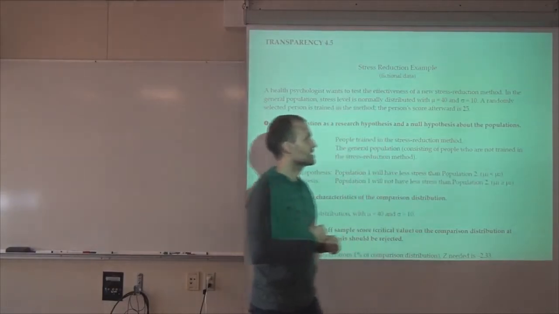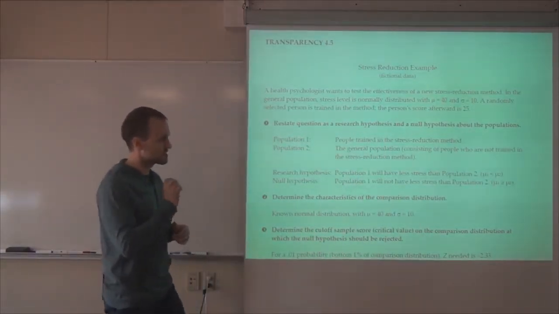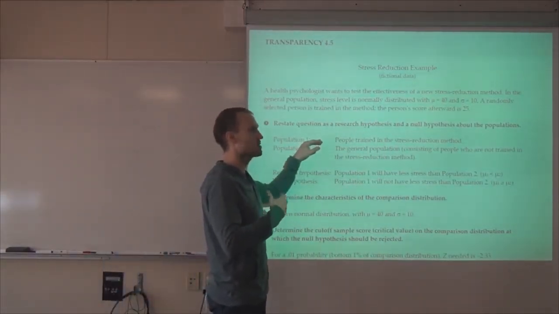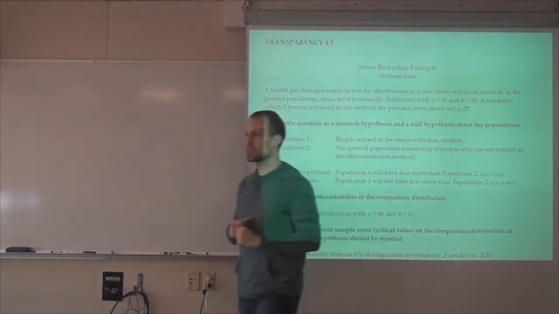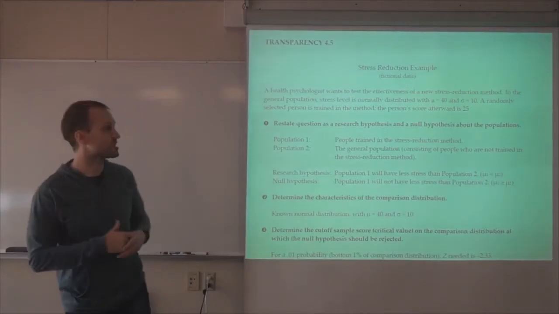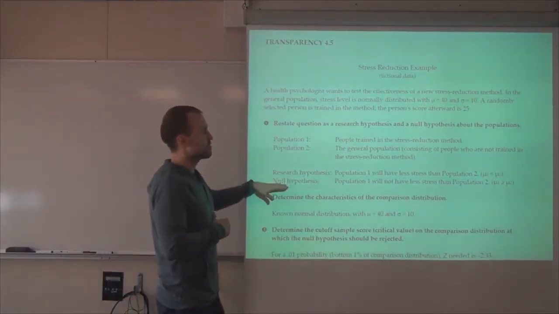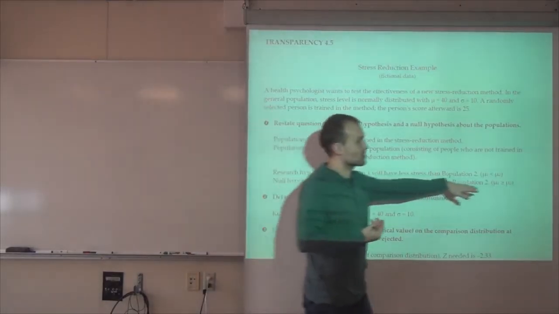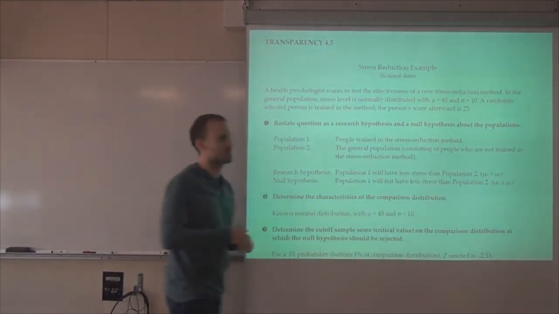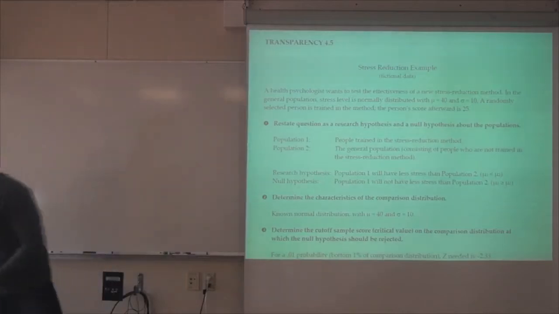So the mean of population 1 with the stress reduction method is strictly less than population 2's mean, that there is an improvement. And the null hypothesis is then the opposite, that there is no improvement, it could also be worse. So greater than or equal to there.